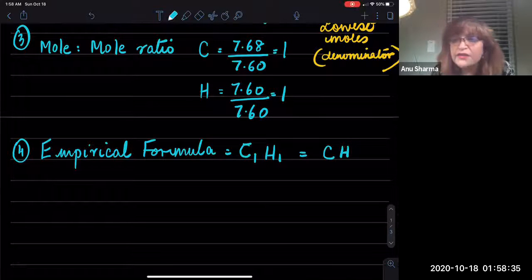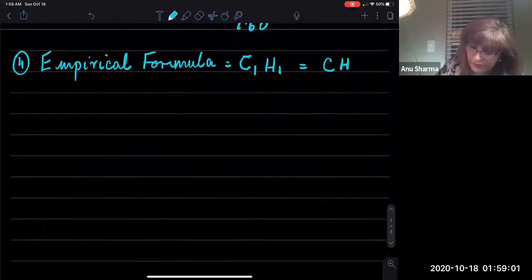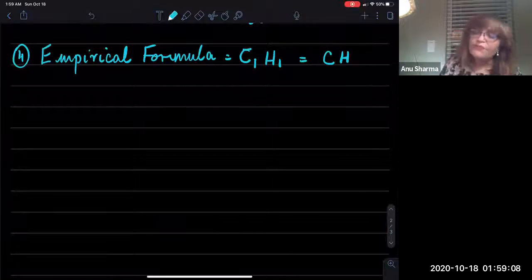But in reality, this molecule, just carbon and hydrogen by itself, won't exist, because carbon has a need to make 4 bonds and hydrogen makes 1 bond. So this is an unstable molecule by itself. However, it just tells us that carbon and hydrogen are in a 1-to-1 ratio. That is where the molecular formula comes into play, because the molecular formula helps you see the connectivity, the bonds in the molecule, between these atoms.